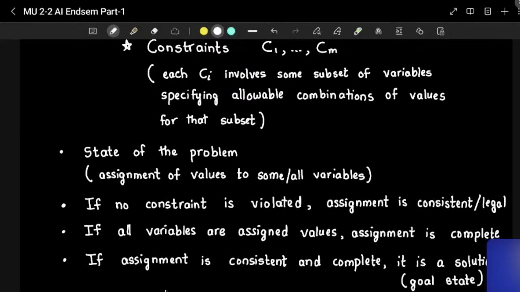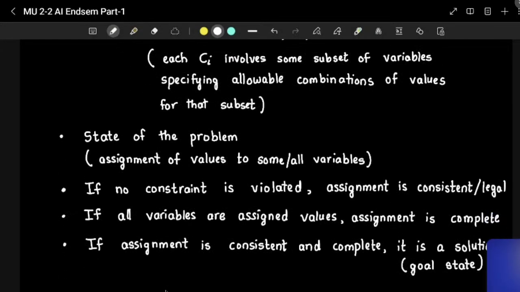State of the problem. See, we've been talking about states. An environment has states. So states keep changing. We were talking about how agents perceive the environment, perform some action, and change the environment. Similarly, there's no agent here though, it's just a state.